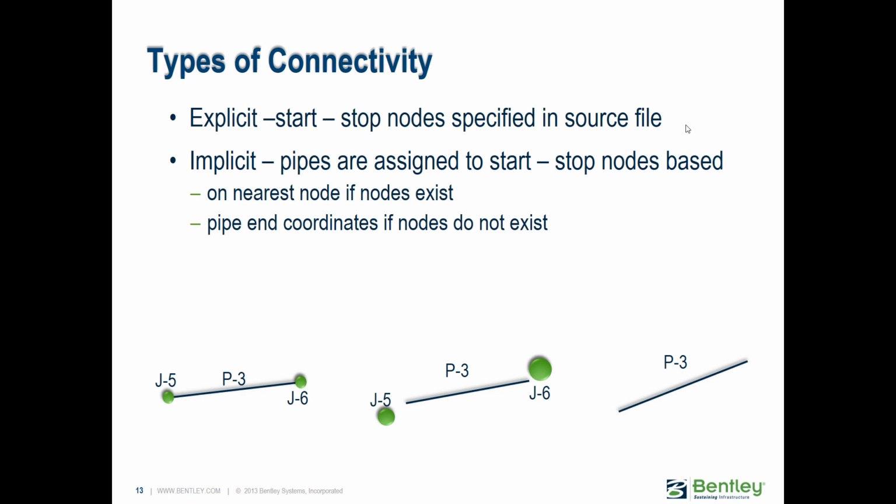Because sometimes data is not drawn perfectly and things aren't snapped together, especially DXF files, which tend to have minor imperfections. But Hammer needs to know that connectivity. So we have some options where you can say, well, if it's a little bit off, just snap it to the endpoint.